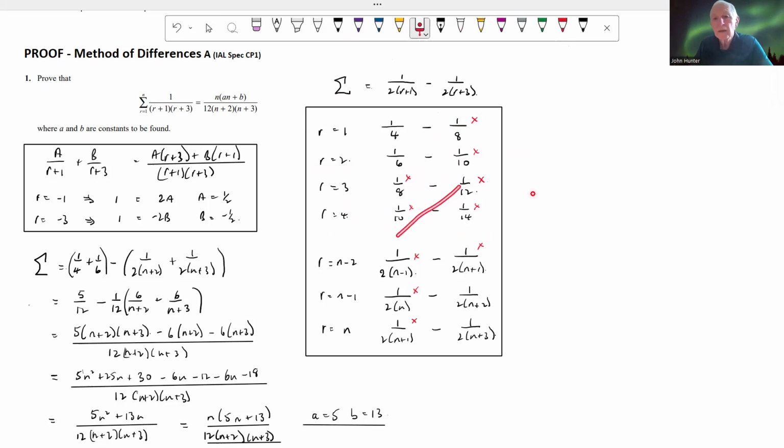Then we have to think about what happens at the end, when we get to around the value of n, the other end of our limit. We've got two terms here, so we need to go three back here. So these cancel.